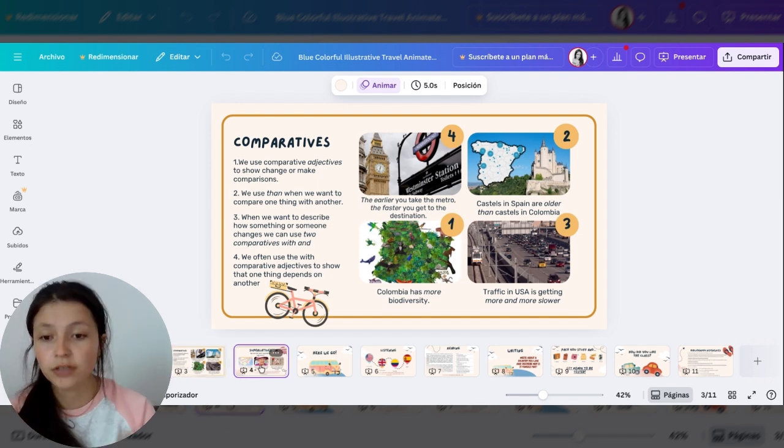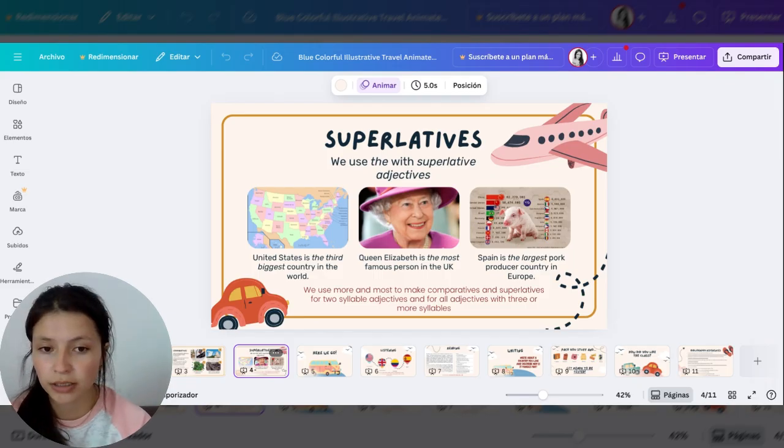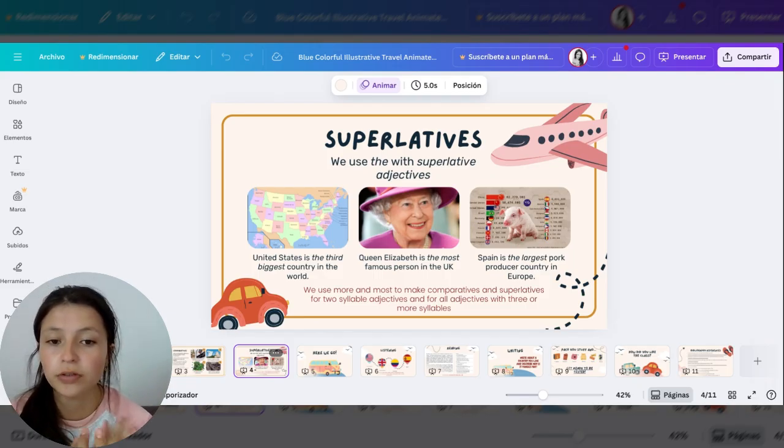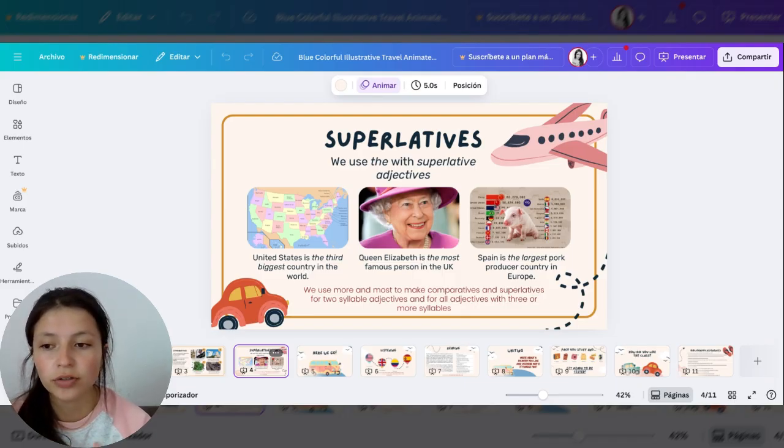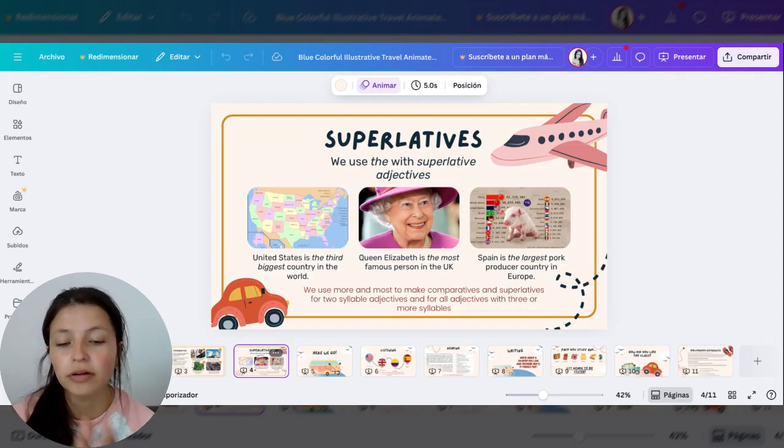So that's for comparatives. Now, what about superlatives? Superlatives, we use to create more importance or to have more information about a country that has something bigger, that has something the most about the others.